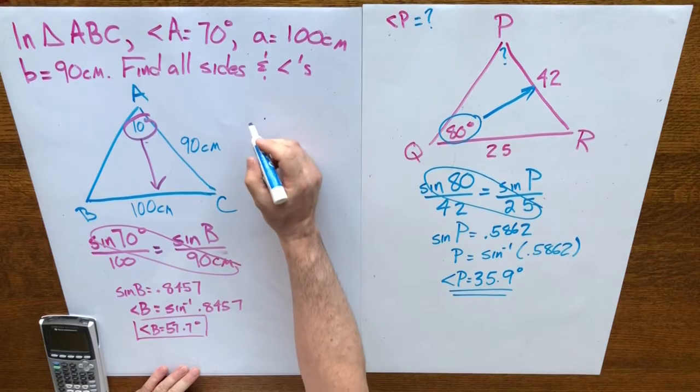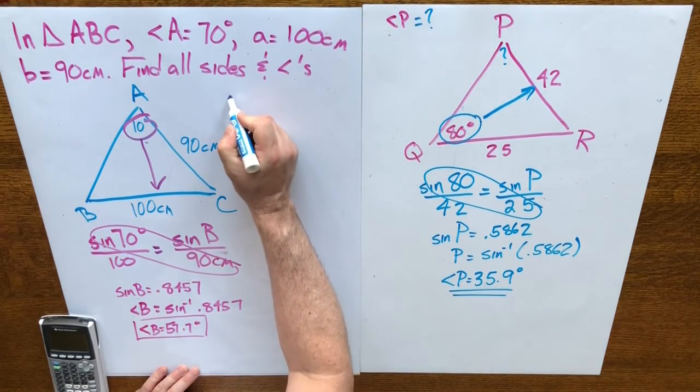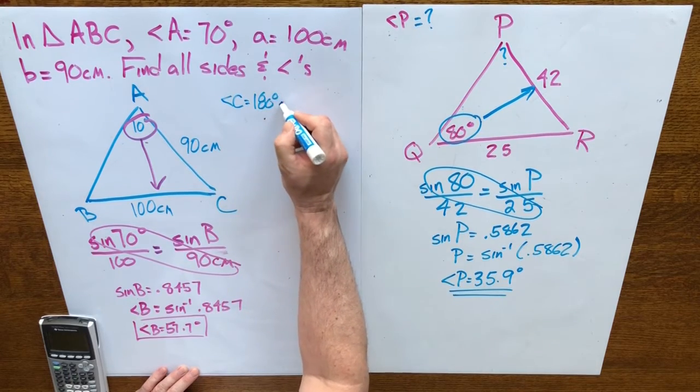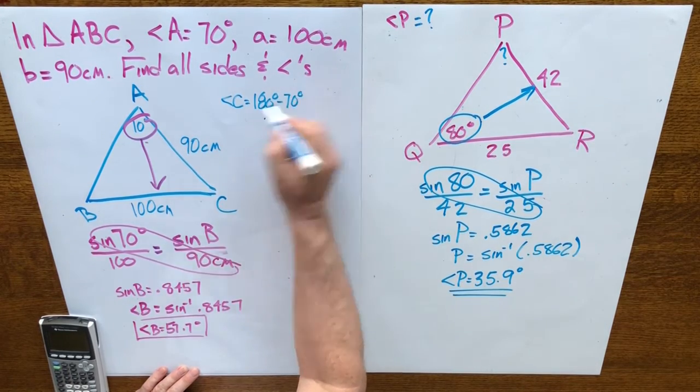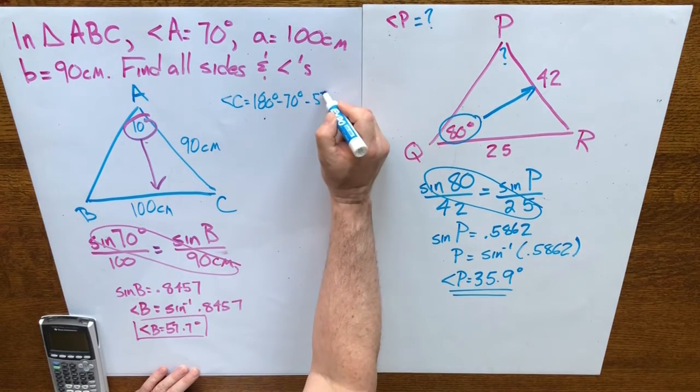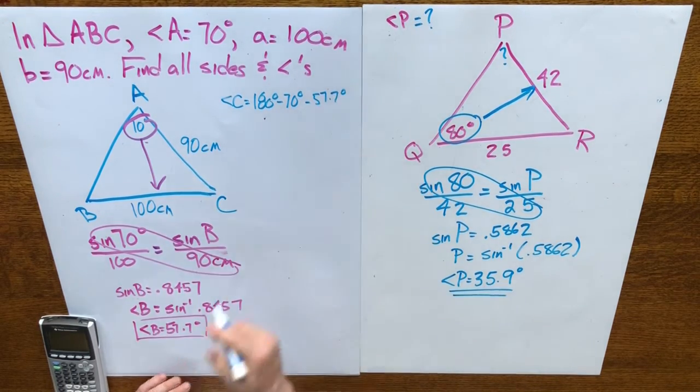So I'm going to say that angle C is going to be equal to 180 degrees minus the 70 degrees, which is angle A, and minus 57.7 degrees.